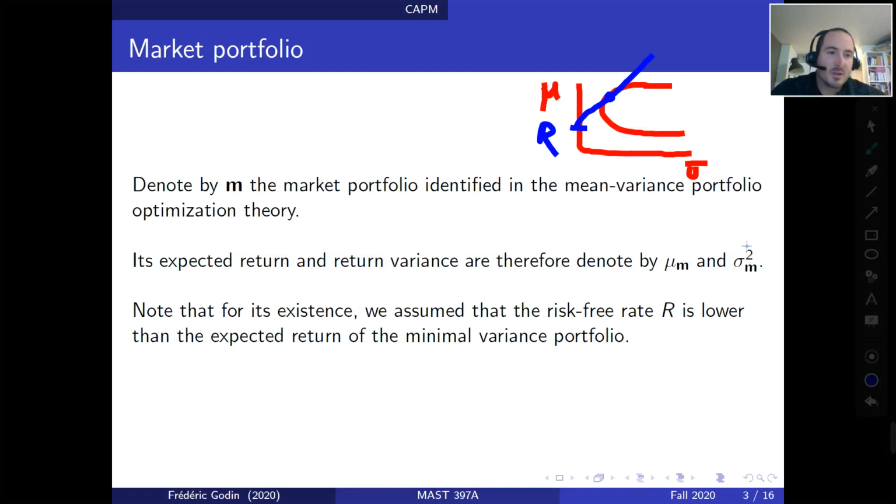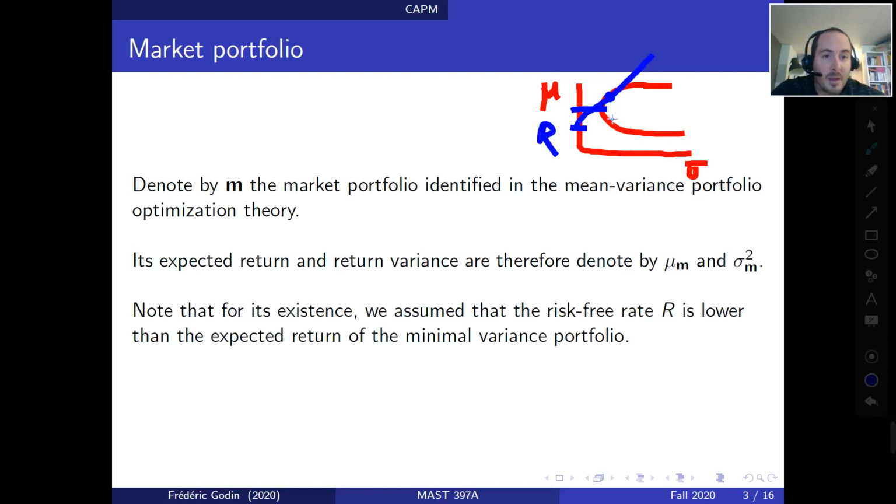Mu M and sigma squared M are defined as, respectively, the expected return of the market portfolio and the variance of the return of this market portfolio. And one quick note here: to ensure that this portfolio exists, we had to make the assumption that the risk-free rate was smaller than this point here, which is the expected return of the minimum variance portfolio.